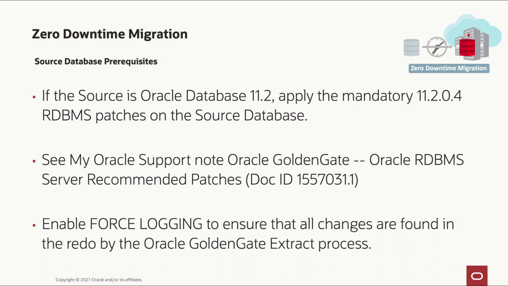You should also enable forced logging in order to ensure that all changes that are found in the redo by the Oracle Golden Gate extract will be able to be processed.